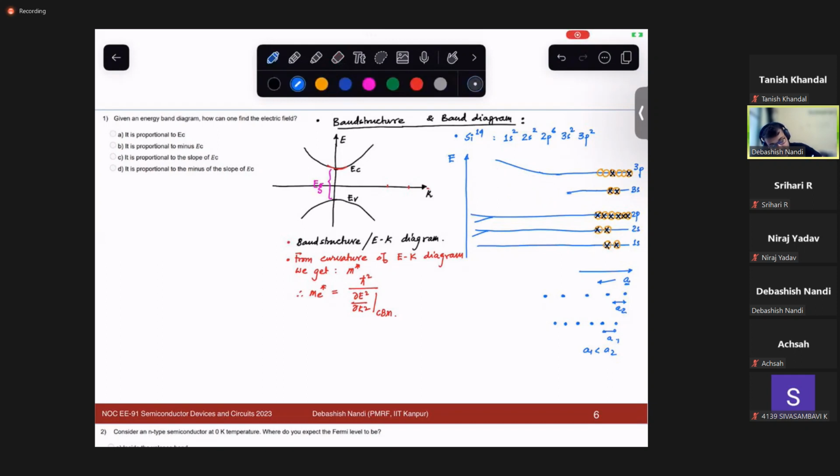This band will start to split and this band will also start to split. So it will create somewhat this kind of shape.